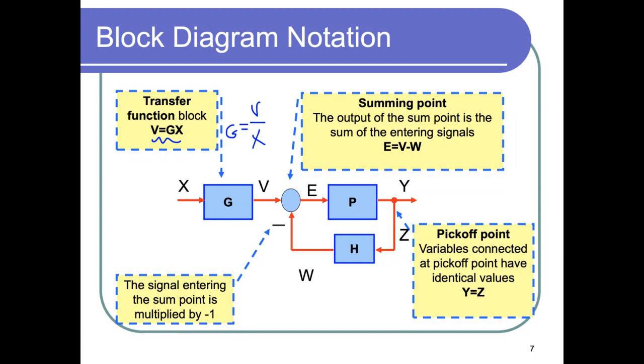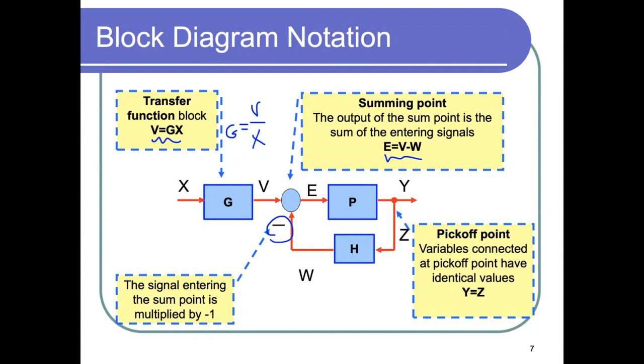So the signal entering the sum point is multiplied by -1. In this case for W, because I have a minus here, E is equal to V minus W. So the output of the sum point is the sum of the entering signals. So it is V plus minus W, so you get V minus W.